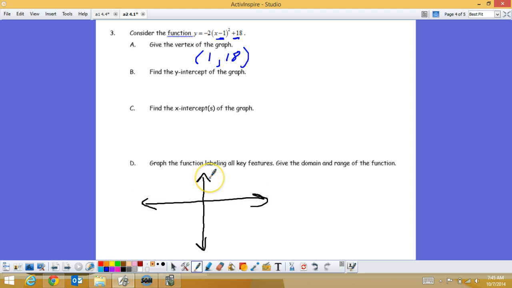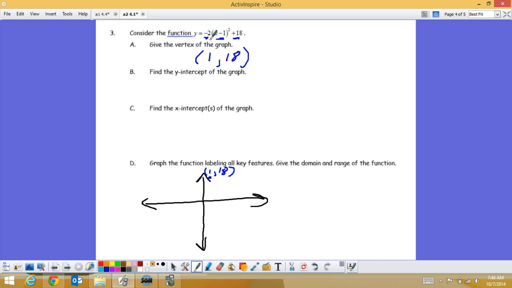So we're going to be pretty close to the x-axis and a ways up on the y-axis, so that's 1 and 18. Now, just like with the absolute values, this -2 out front tells me that this is going to open down. Okay, so this point 1, 18, that vertex becomes a maximum, or the highest point on this graph, instead of a lowest point like we saw in the previous two examples.